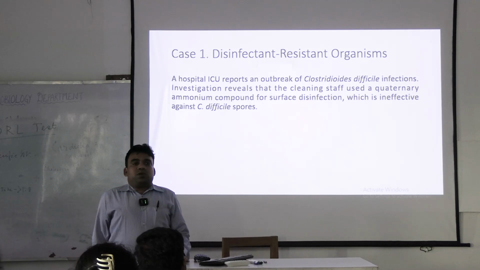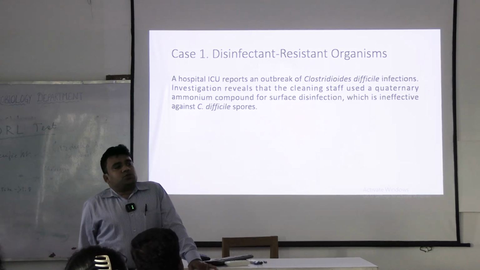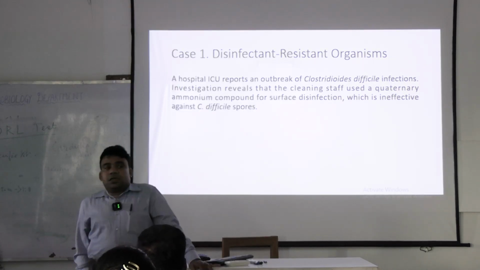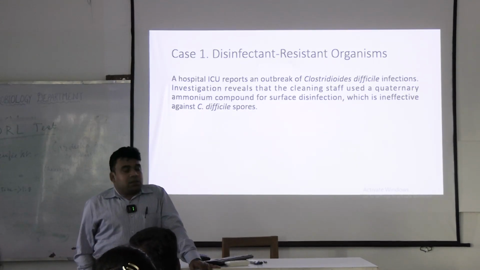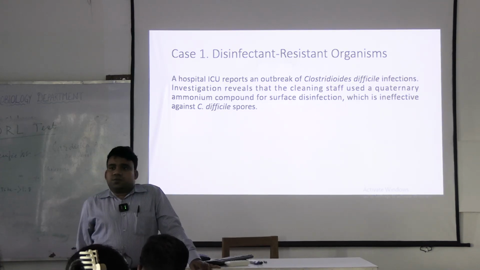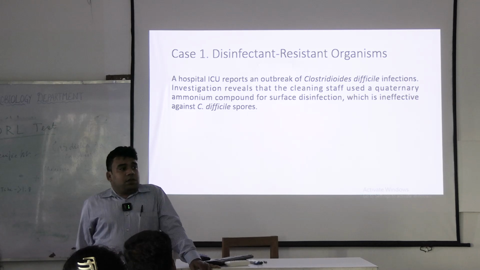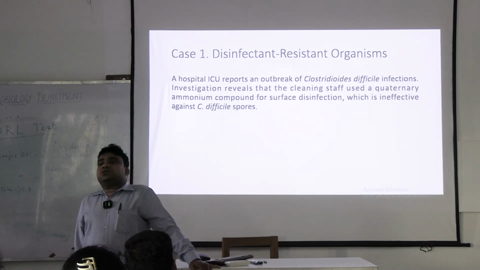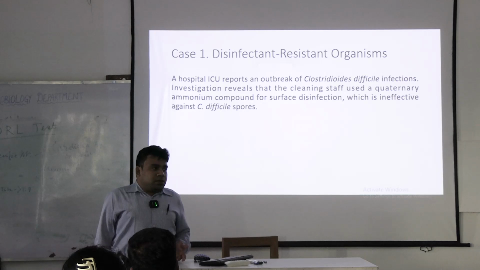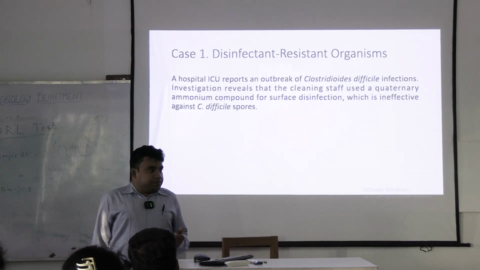So basically spore is that form of a bacteria when the bacteria is exposed to unfavorable condition. It could be any unfavorable condition. It could be extremes of temperature, nutrient deficiency, anything. So it forms what is known as spore to protect it from the environmental elements. And when the environmental elements come into its own terms, that is, it can survive and propagate, the spore germinates into viable bacteria.